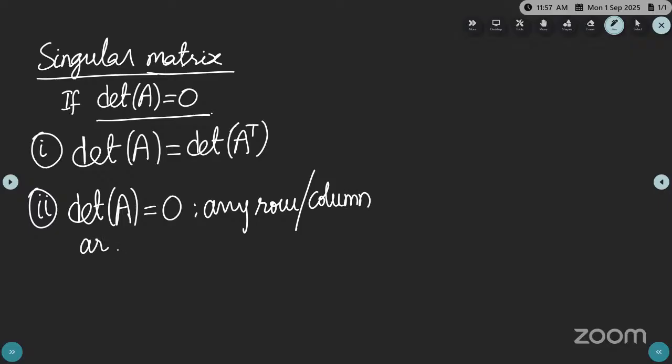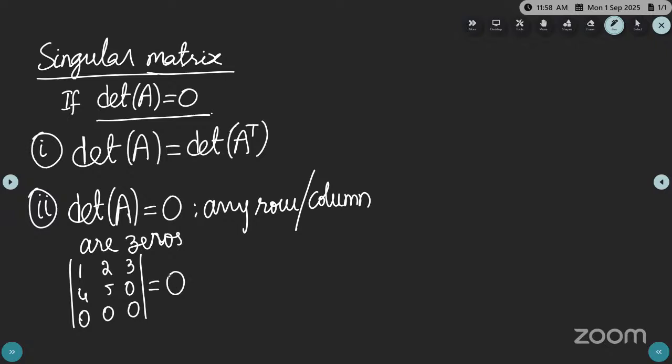Say for example, 1, 2, 3, 4, 5, 0, 0, 0, 0. What is the determinant? 0. If any row elements or column elements are all zeros, then its value will be equal to 0. Next.